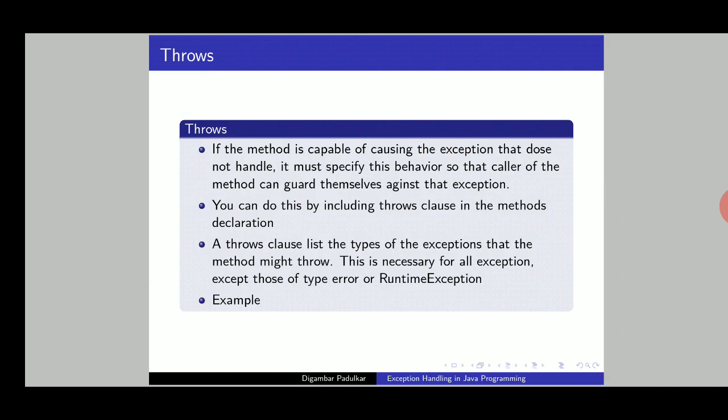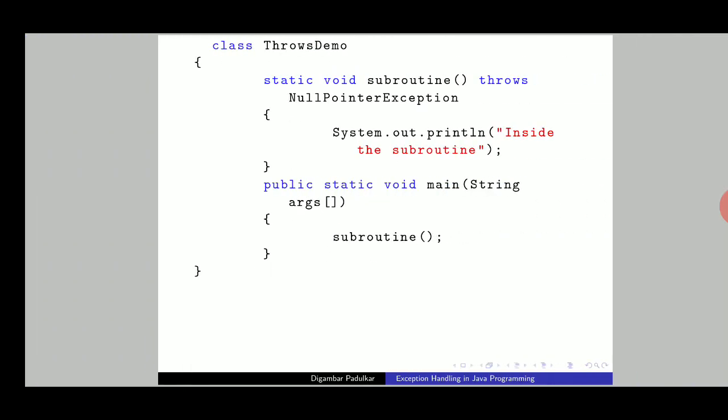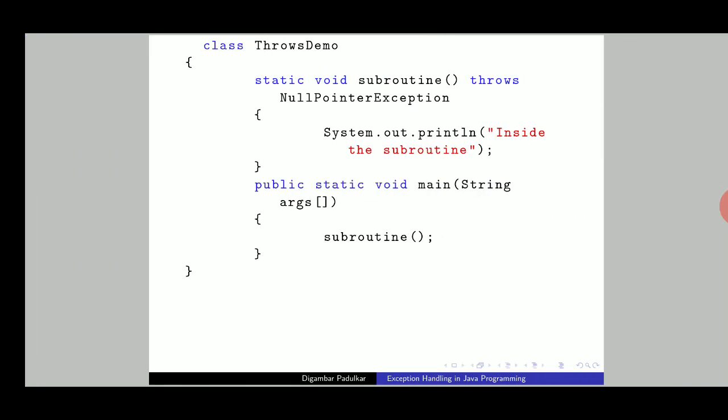Now, we will look at examples of these throws. This is my next class whose name is ThrowsDemo. In this there is a method called subroutine, and this method itself throws a null pointer exception.